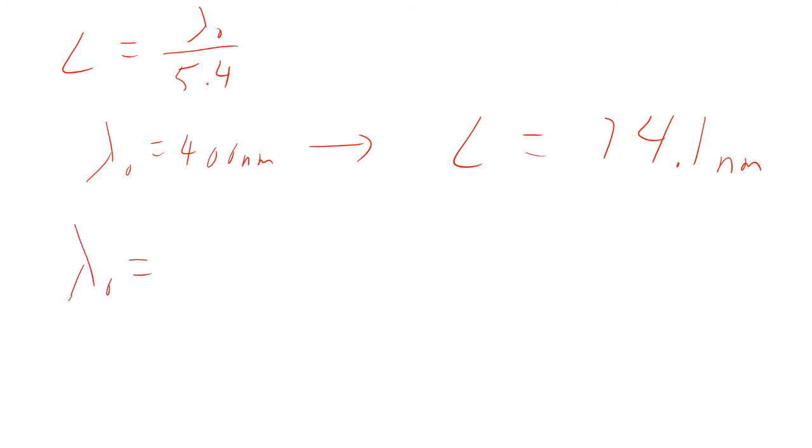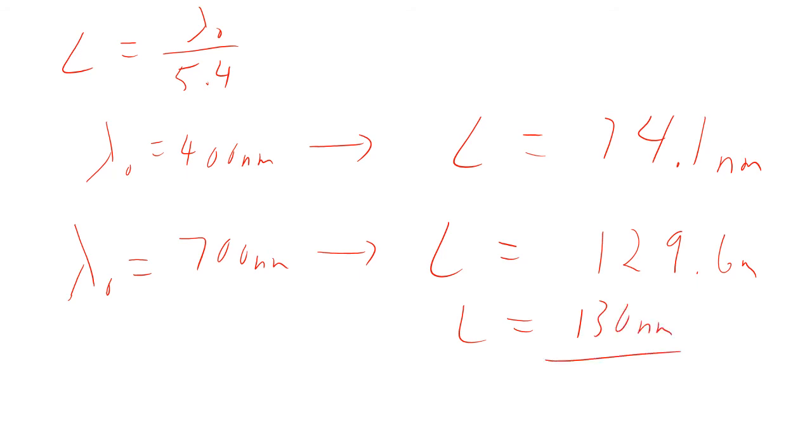For lambda naught equals 700 nanometers, then that comes out to be 129.6 nanometers, or we can just round that to 130 nanometers.